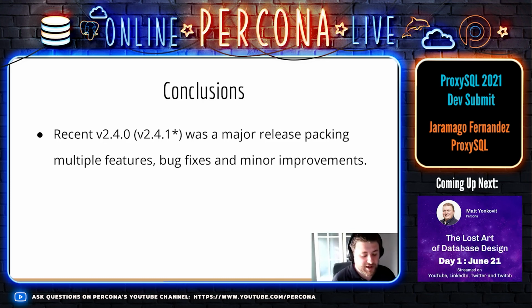Also, I have an asterisk there in the minor version number because I wanted to add a side note to clarify how we do minor releases. We have seen multiple times that our users adopt the major release and never upgrade from the major release to a minor release.